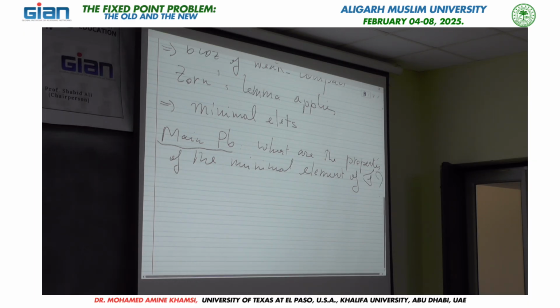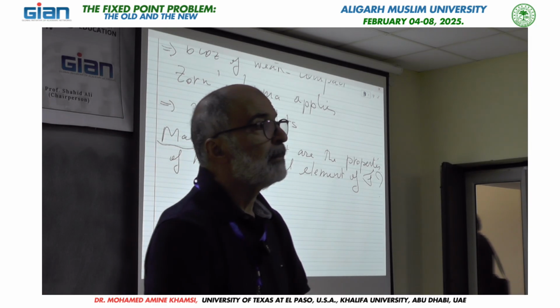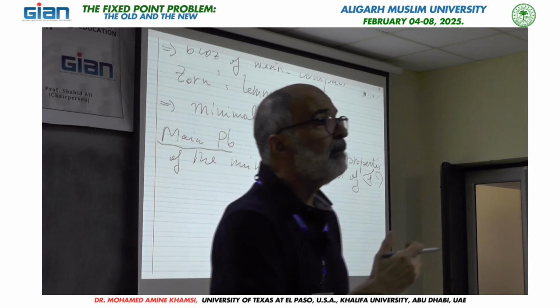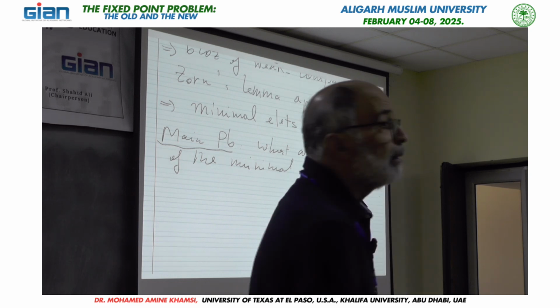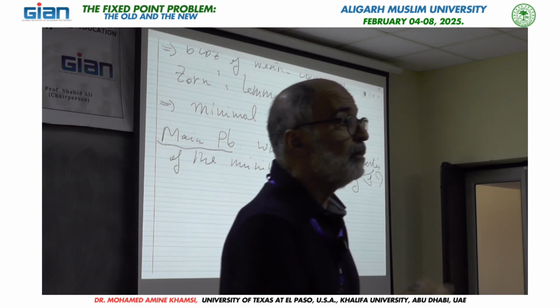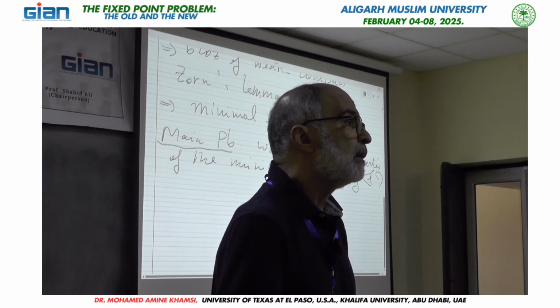That's it. 1965, moving forward till today. Some of them are easy to prove, which I will show you in a second. Some of them are not easy to prove, and basically we don't know anything else.